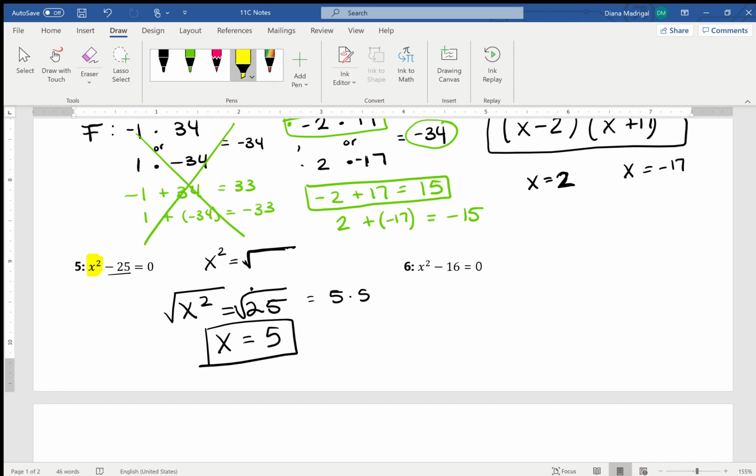If we graph this, we're still going to have a U shape, which means we're still going to have the numbers that cross through the x-axis. And because we are talking about a U shape, when we do the square root, it's going to be positive and negative. It's going to be plus or minus. Okay, same thing for question number 6, so try it. And of course, send me a picture if you want me to check your answers.